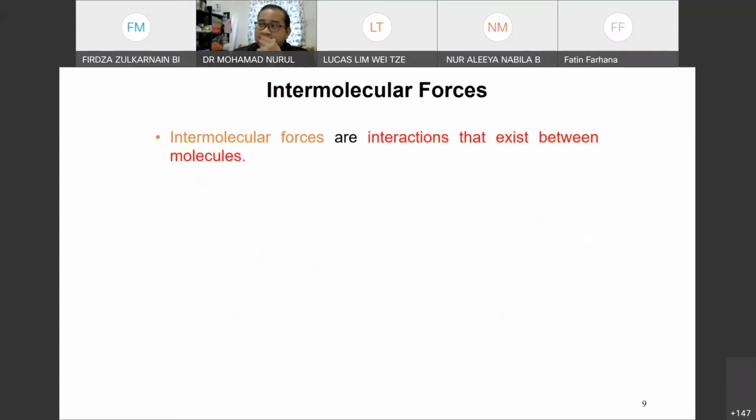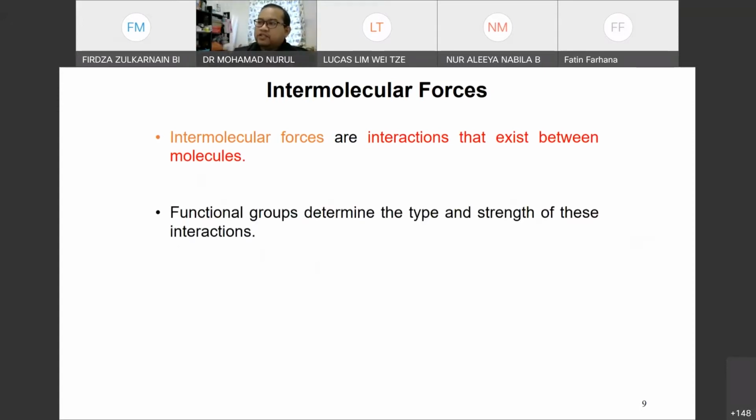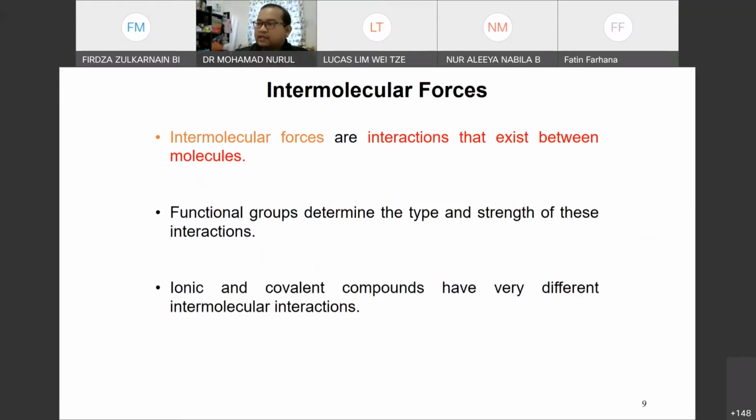In terms of intermolecular force, intermolecular forces are interactions that exist between two molecules, water and water, for example. So the functional group determines the types and strength of this interaction. Ionic and covalent compounds have different intermolecular interactions.